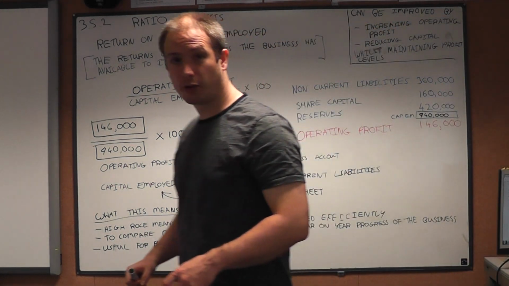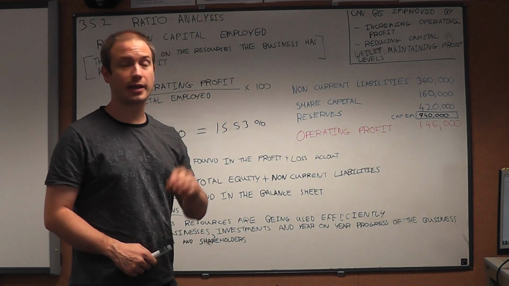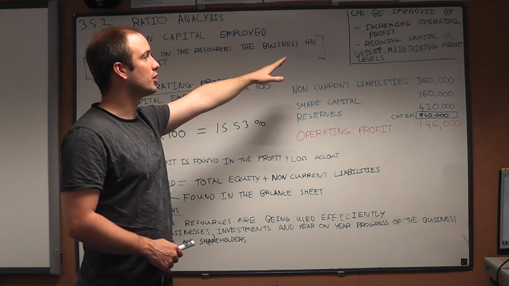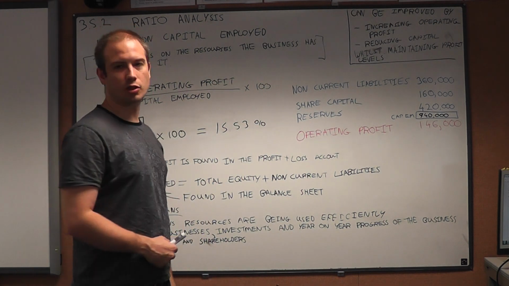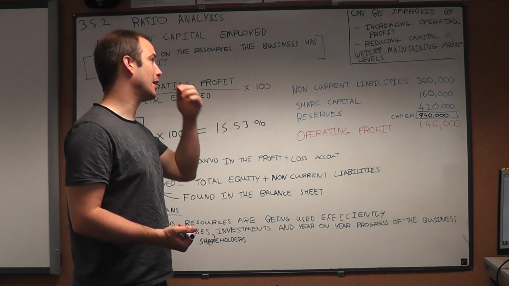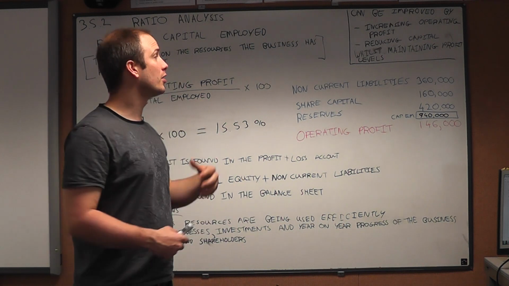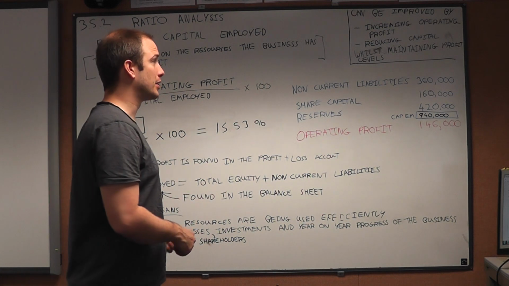Finally, the return on capital employed can be improved by a number of things. We can do it by increasing the operating profit. So you might look to reduce your cost of sales or reduce your overheads in order to increase the operating profit, which in turn will increase your return on capital employed.